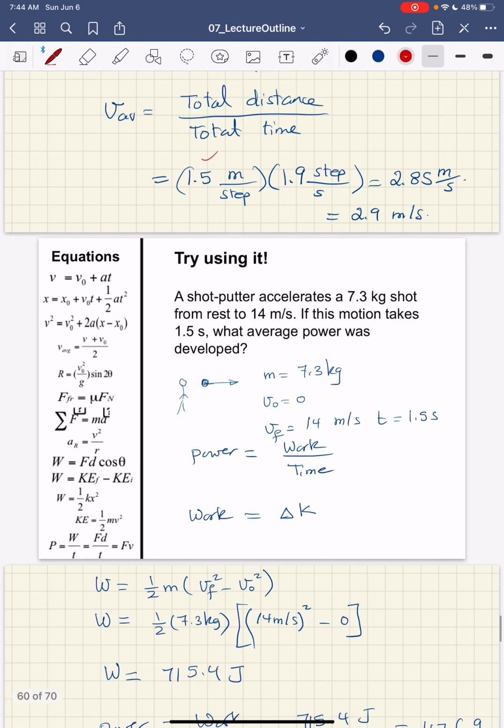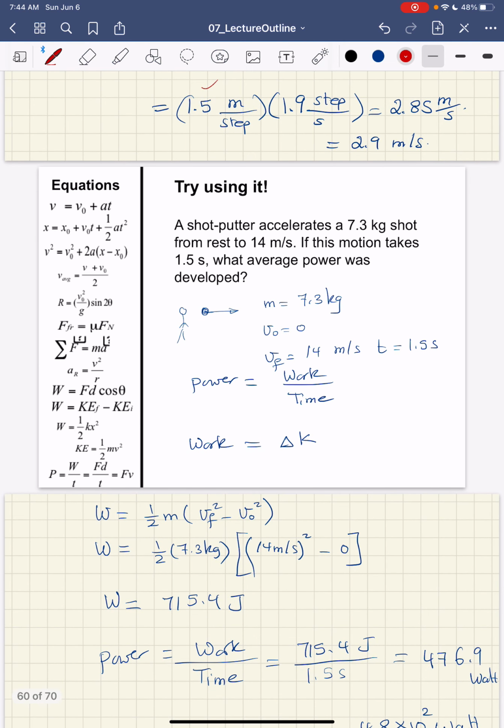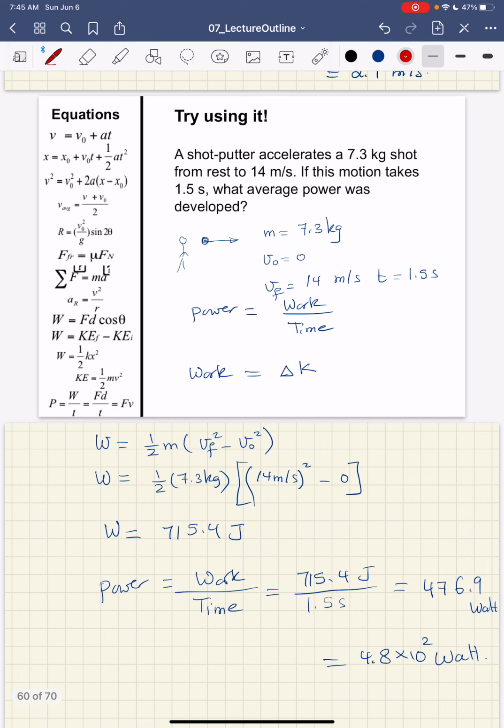Okay, another problem related to power: a shot putter accelerates a 7.3 kilogram shot from rest to 14 meters per second. If this motion takes 1.5 seconds, what average power was developed? We know that power has to do with work and time, and the work has to do with the change in the kinetic energy. Always when you notice that you have two velocities and the mass, you need to find the change in the kinetic energy.